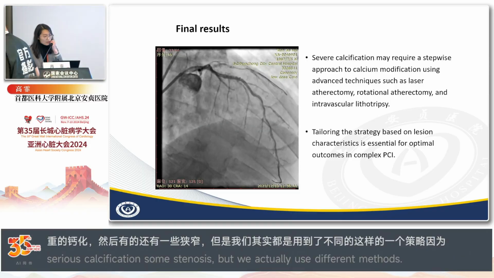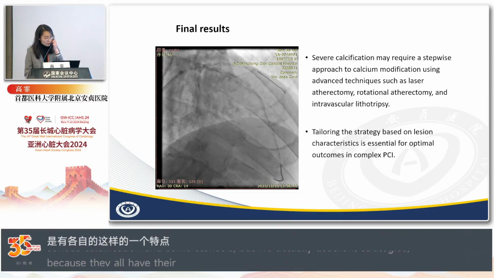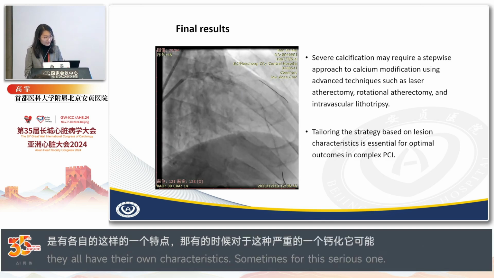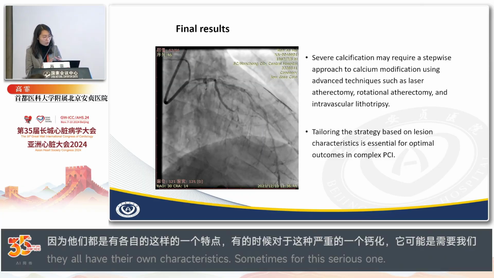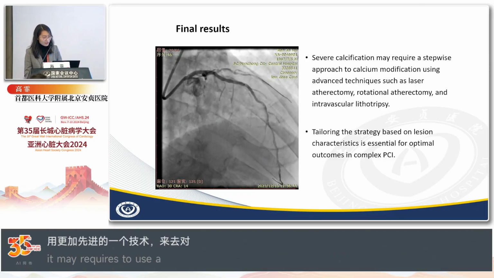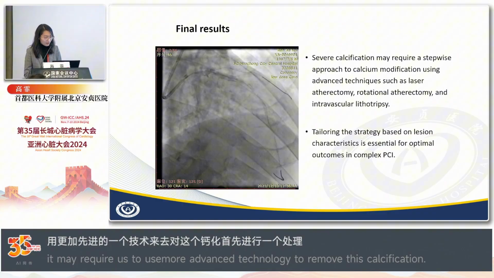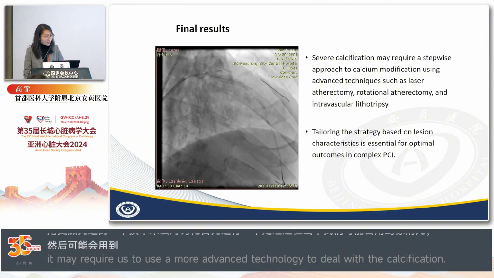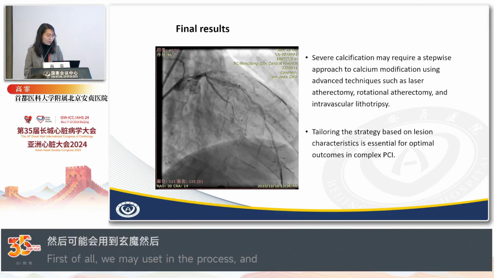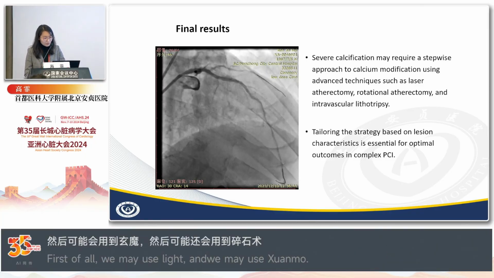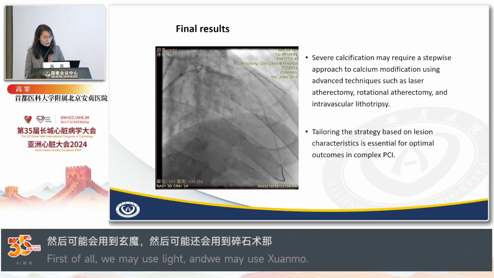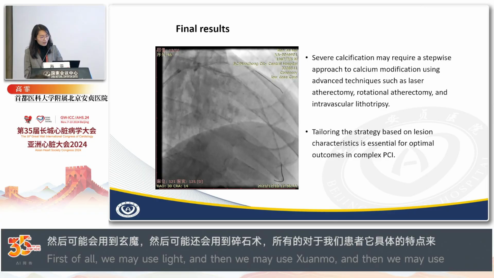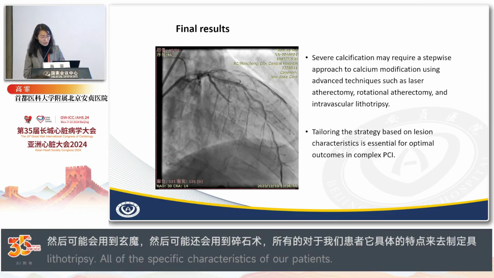So sometimes severe calcification may require a stepwise approach to fully modify the lesion, and with multiple advanced techniques such as laser, rotablation, and intravascular lithotripsy in combination, we can have a good result. And tailoring the strategy should be based on lesion characteristics to achieve optimal PCI results.